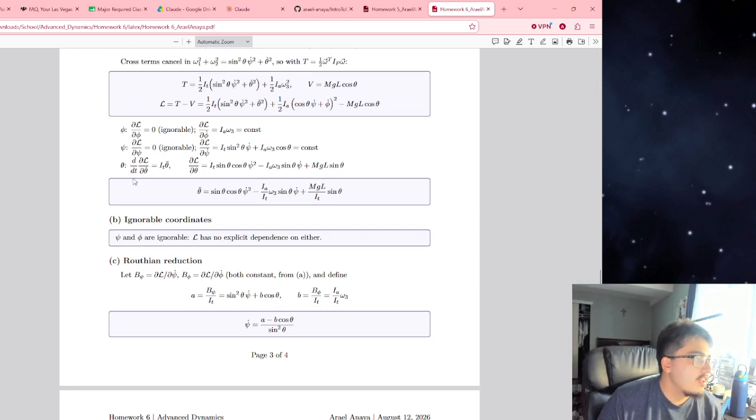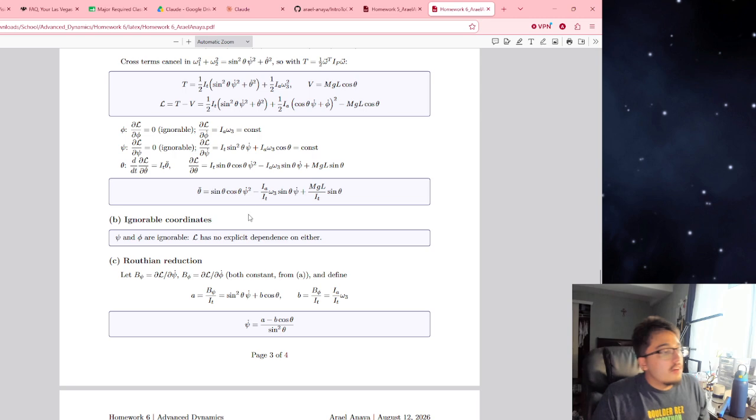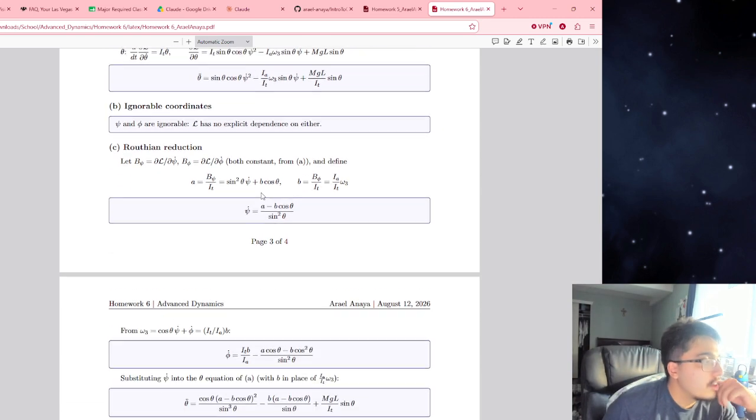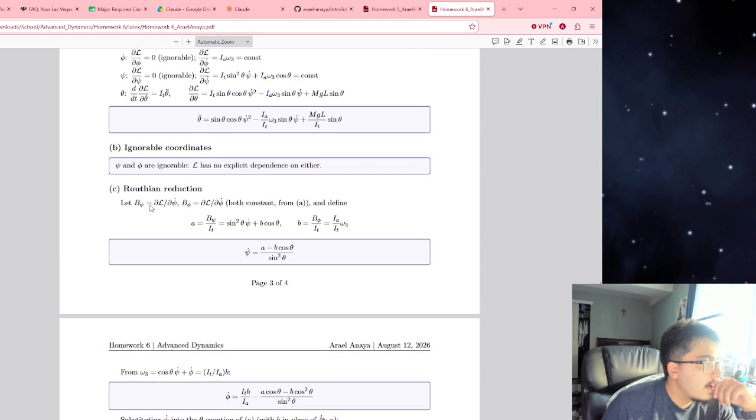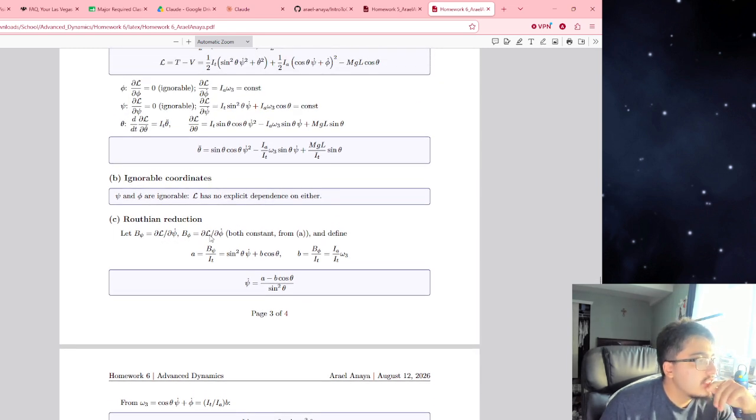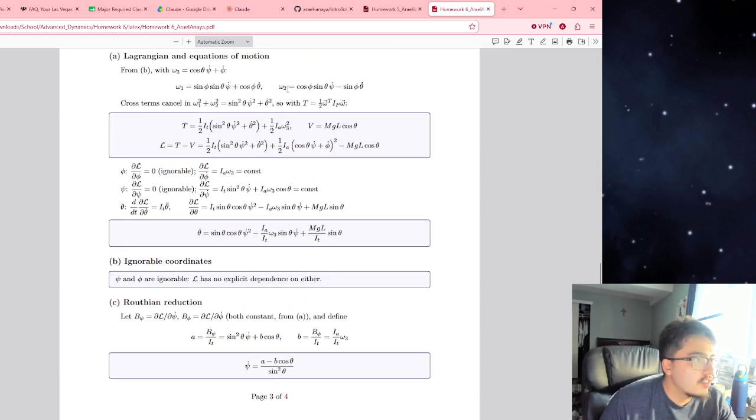So then for part B, because we found that dL/d psi and dL/d phi were zero, we know both of those are ignorable. The Lagrangian doesn't depend on them. Then when we actually go to do our Routhian reduction, first of all, we start by taking this dL/d psi dot and dL/d phi dot and putting all of that into a symbol. So this whole equation is equal to b psi and b phi.